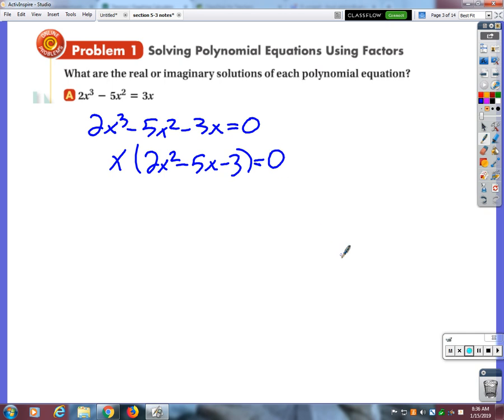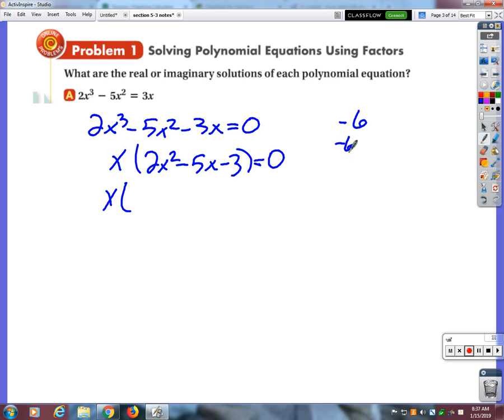Okay, everybody good with that? Yes. Okay, what do I do from there? Okay, so since this is not 1, we have to go 2 times negative 3 is negative 6. And then you have to say again?